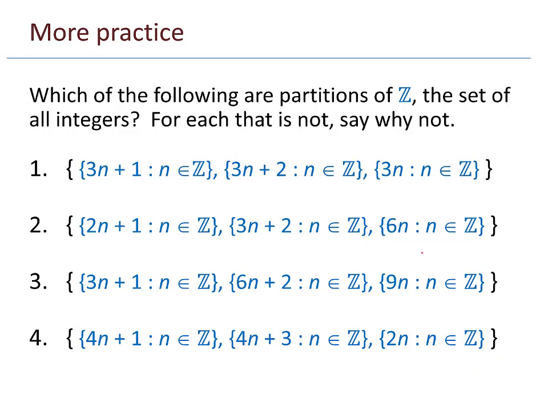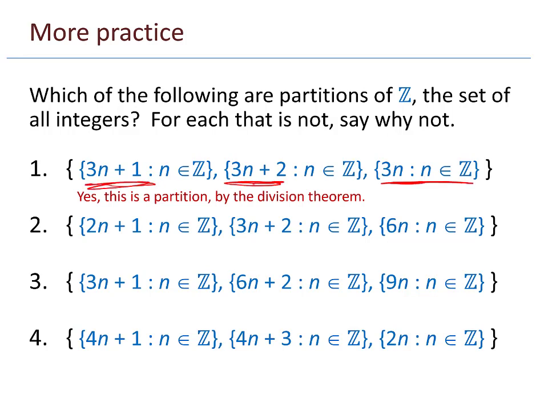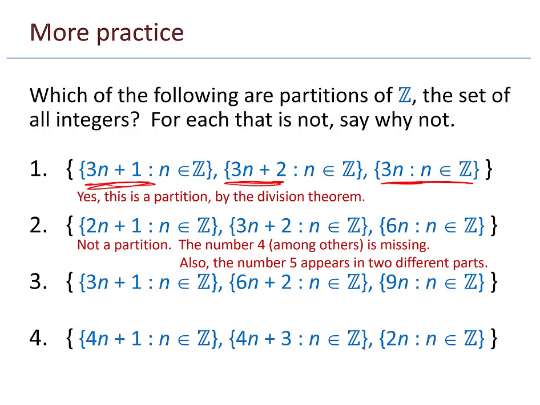Okay, so number 1, yes, this is a partition. In fact, this is by the division theorem. So this is all multiples of 3, the one on the right, everything that's 1 more than a multiple of 3, and everything that's 2 more than a multiple of 3. Set number 2, not a partition. The number 4, among others, is missing, right?